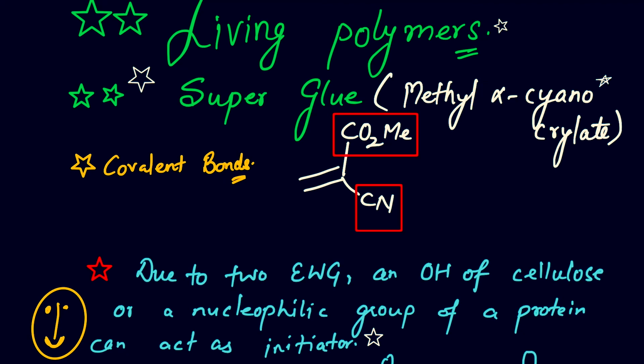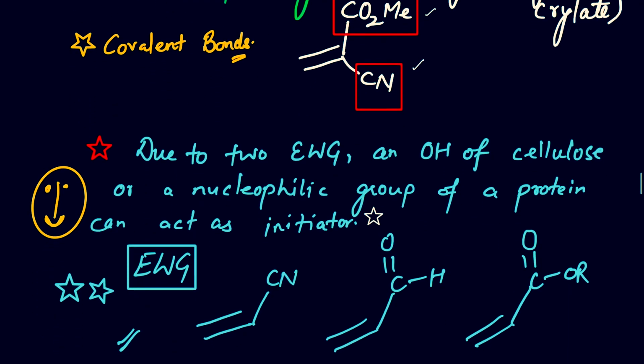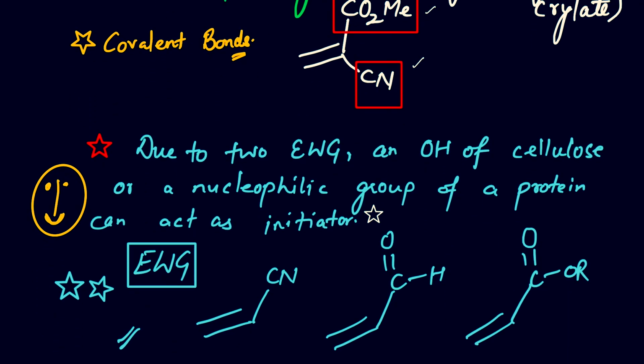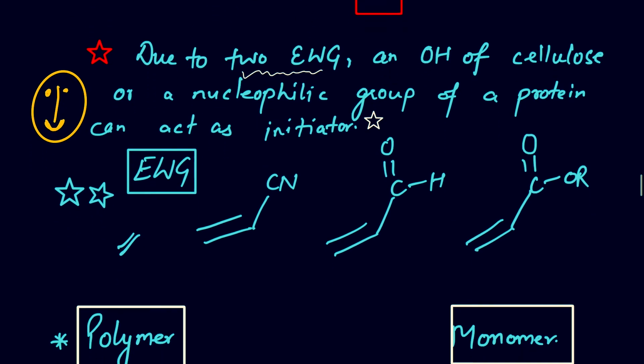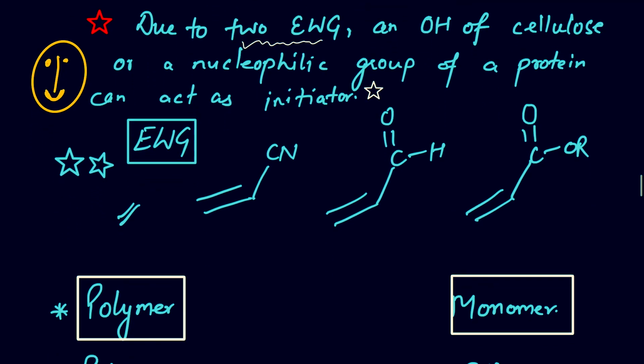What's interesting to note here is that the monomer contains two electron withdrawing groups. Because of the presence of these two electron withdrawing groups, an OH of cellulose or a nucleophilic group of any protein can act as an initiator. So that is the reason it reacts with our skin very easily.